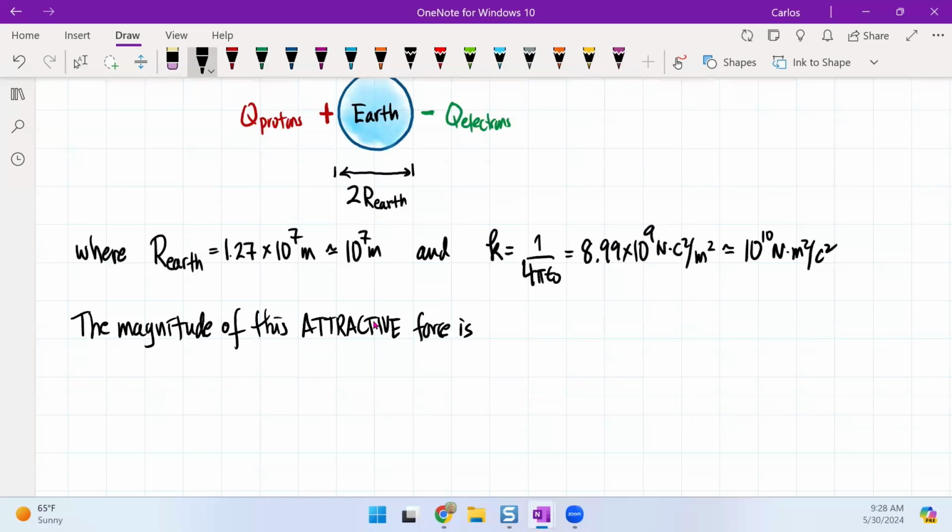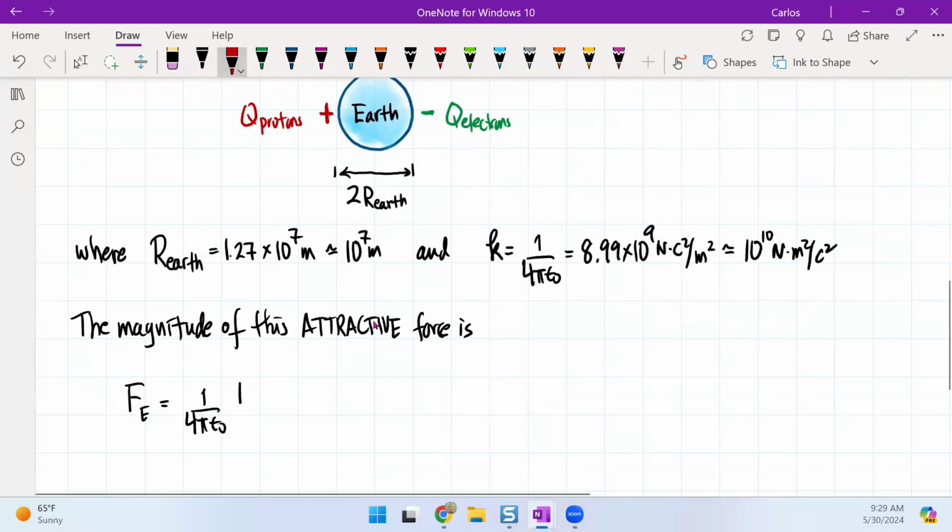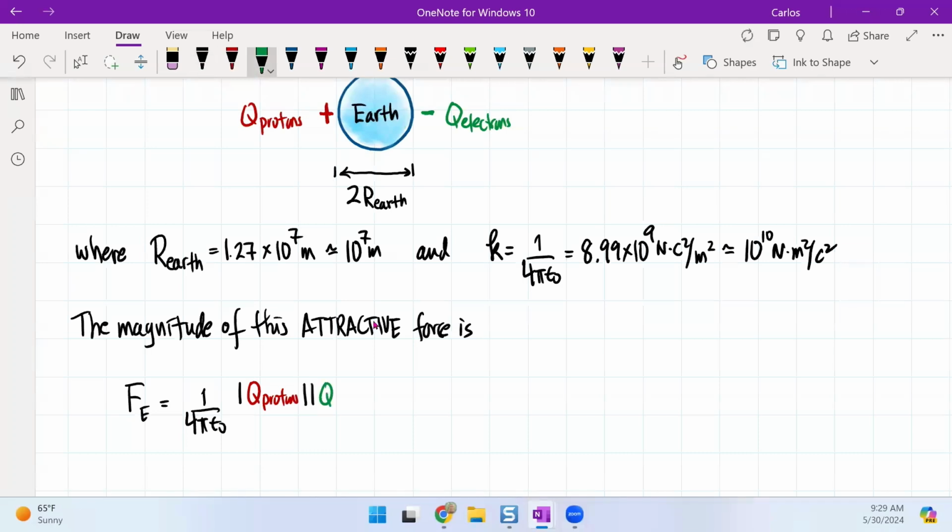The electric force is going to be 1 over 4 pi epsilon naught, times the magnitude of the charge of the protons and the charge of the electrons, divided by the distance of separation, which is 2 times the radius of the Earth, squared.